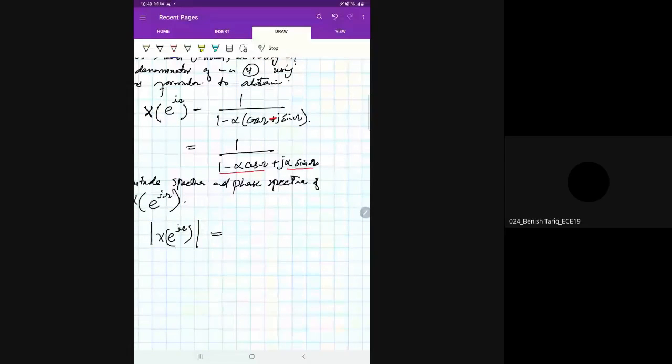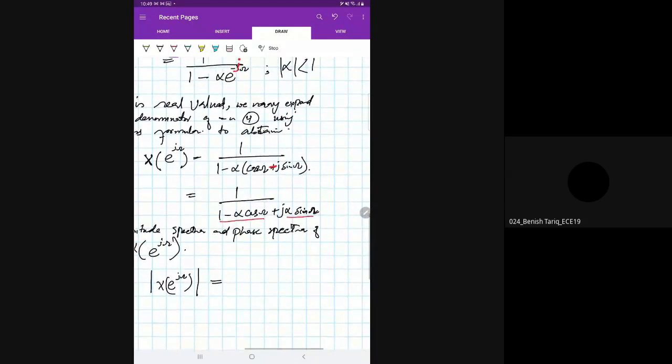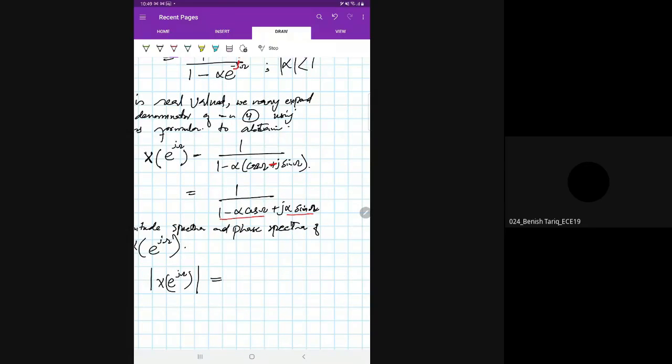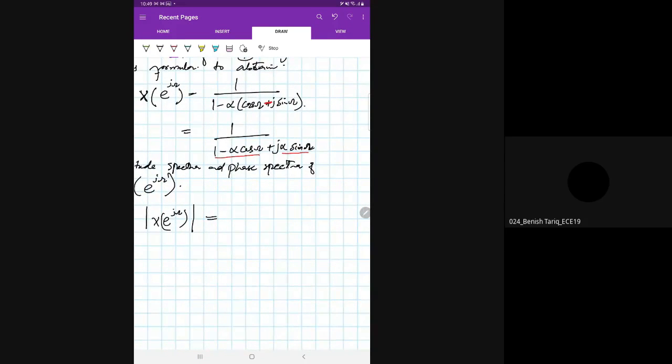That is why it is plus. असल में है e raised power j theta is equal to cos theta plus j sin theta, लेकिन e raised power minus j theta is equal to cos theta minus j sin theta. ठीक है, ये असल में e raised power ऊपर minus j theta है. So the equation is like this. So that is why I have written a positive sign there.